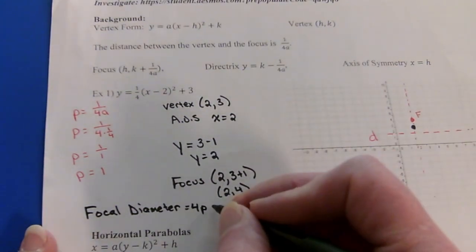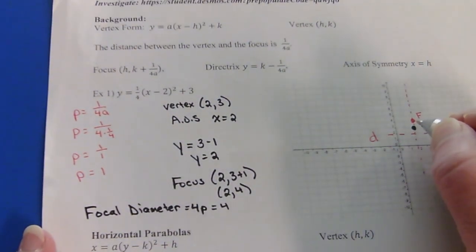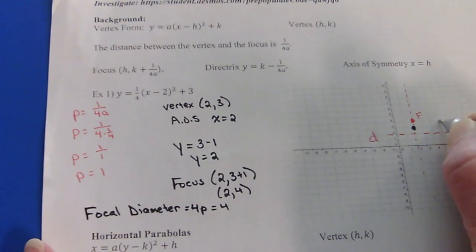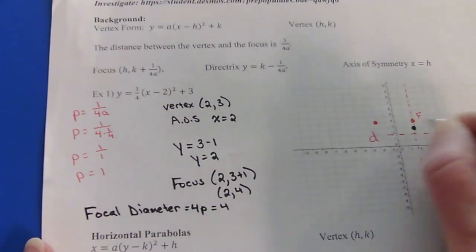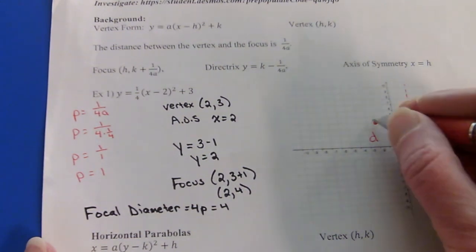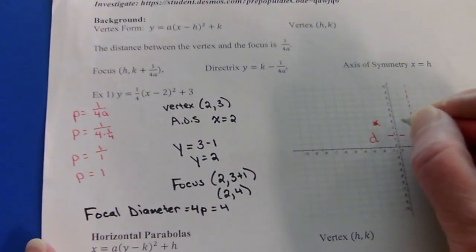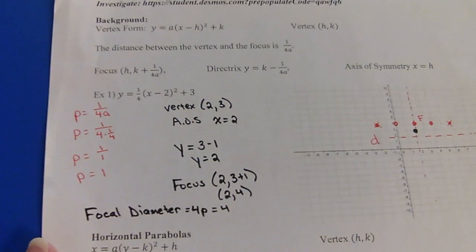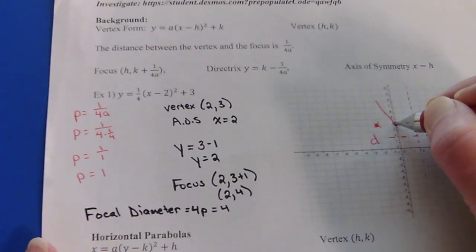So it's going to be 4 times 1 in our case, so that's 4 steps. So from the focus, I'm going to go 4 steps this way. 1, 2, 3, 4. Oh, how did I mess up that? Somebody explain that to me. Diameter of 4. Oh my goodness. Not 4 each way. It's going to be 4 wide. There we go. So that's 2 in each direction. Now I can get this nice idea of what's happening on my graph.